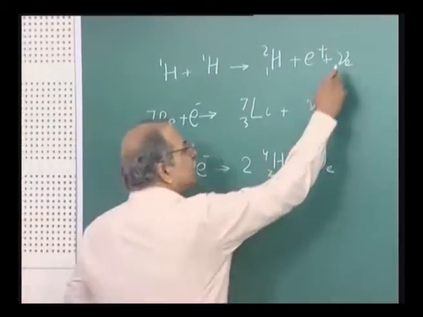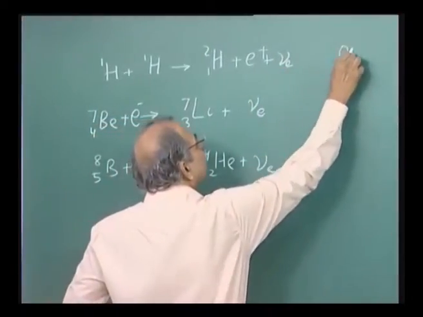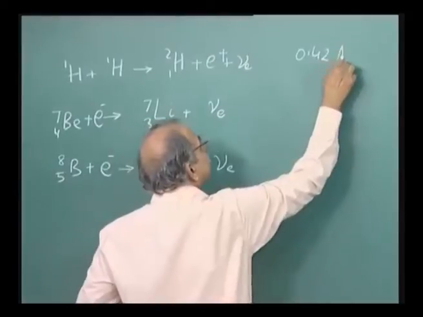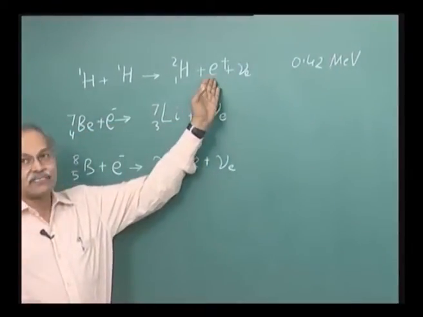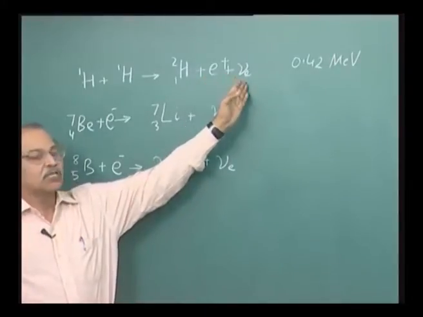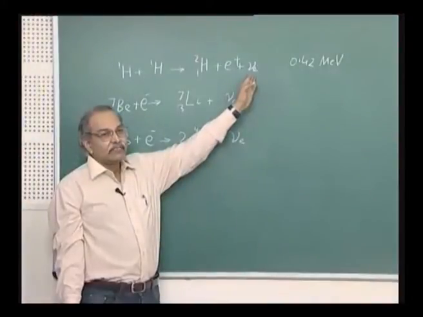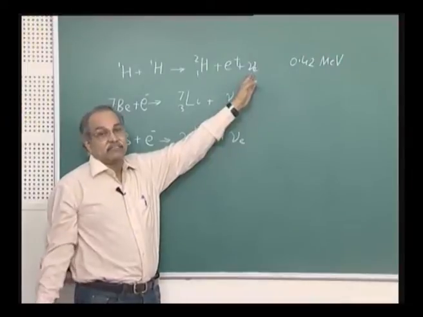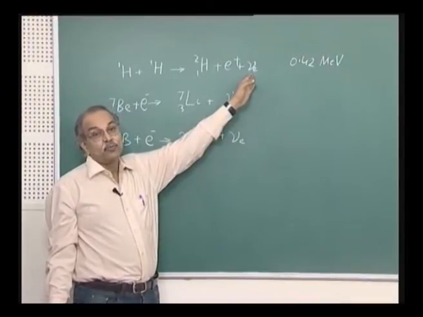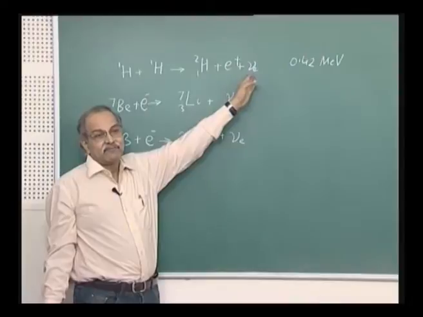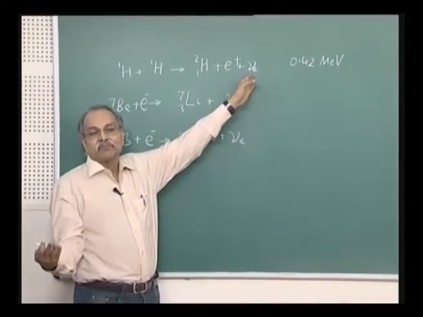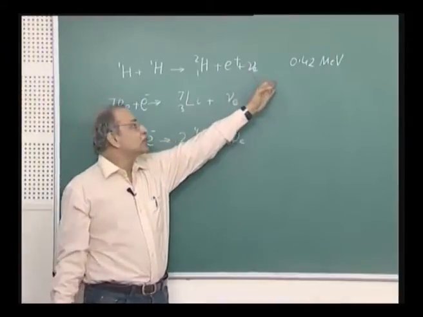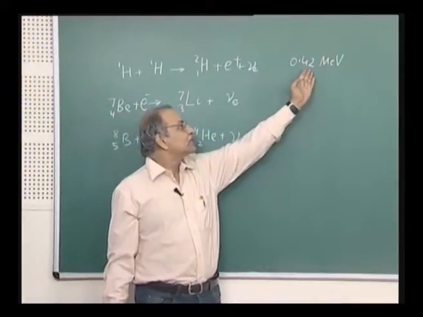Here the energy is 0.42 MeV, and as it is shared between this positron and this neutrino, the neutrino energy will vary from 0 to 0.42 MeV, a continuous spectrum of energy, and the maximum will be 0.42 MeV.